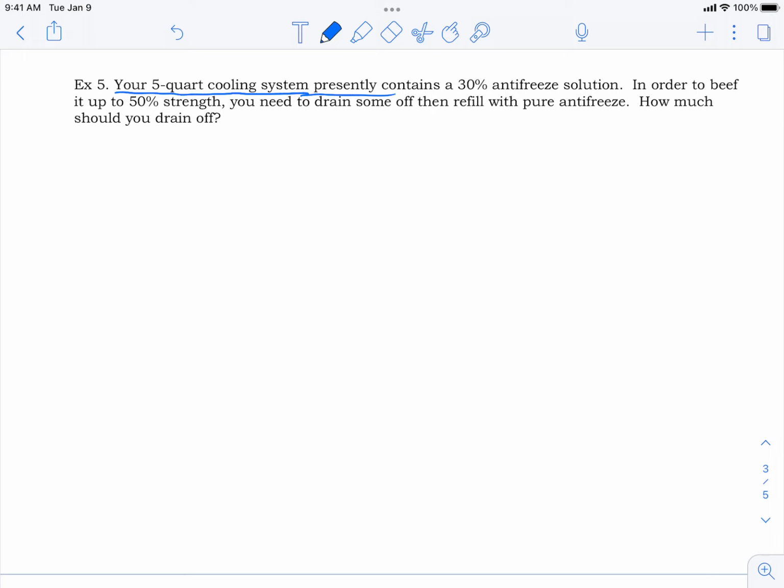So let me see how I did this. Maybe think in terms of beginning with, not 50%, we're beginning with 30%, right? Begin with 30%. That's what we're beginning with. And then the question, of course, is how much? 5 quarts. They told us that.